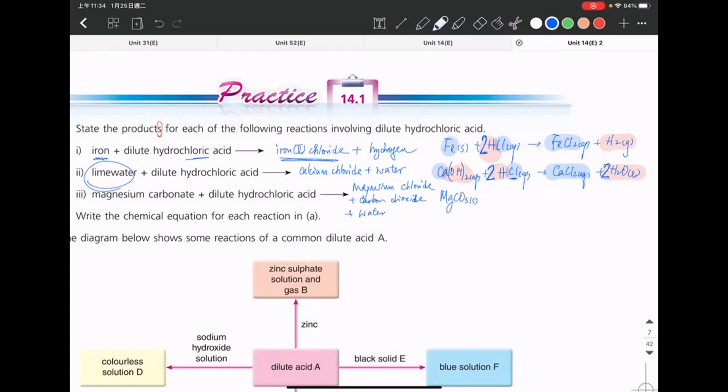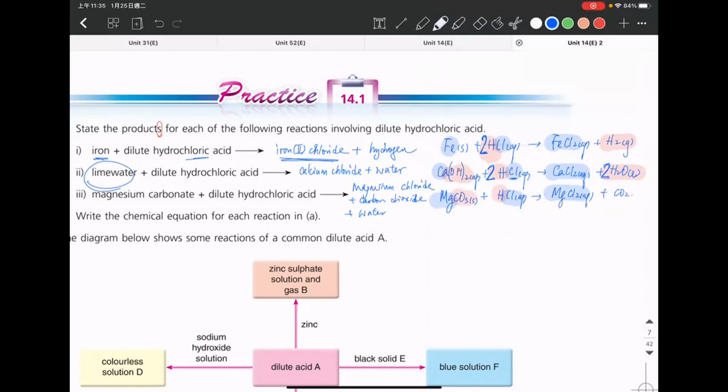How about HCl? I do the same thing to form MgCl2 aq. So you may have this one, magnesium chloride, and what is left behind is carbonate reacting with acid to form what?